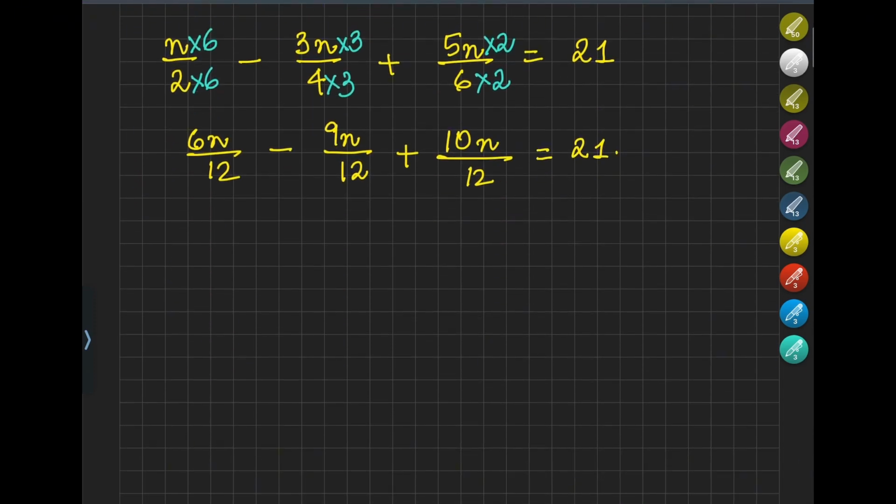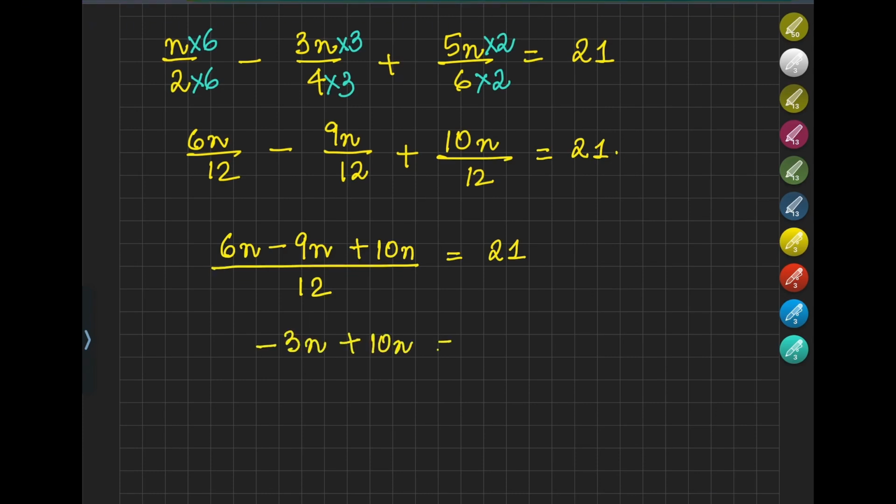So the LCM is 12, 6n minus 9n plus 10n is equal to 21. Let us solve this. 6 minus 9 is minus 3n plus 10n is equal to 21 into 12.